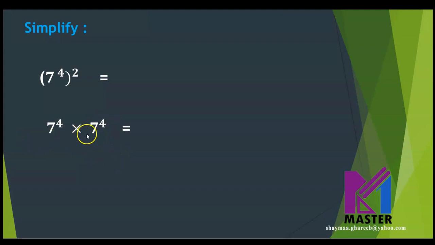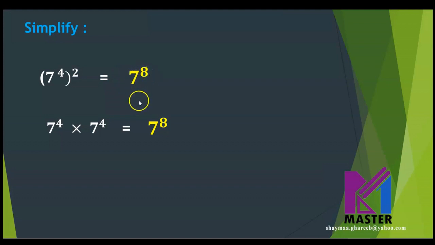When we multiply indices with the same base number, we add the powers together. Then the answer will be 7 to the power of 8. So the answer for 7 to the power of 4 squared, when we simplify it, is 7 to the power of 8.